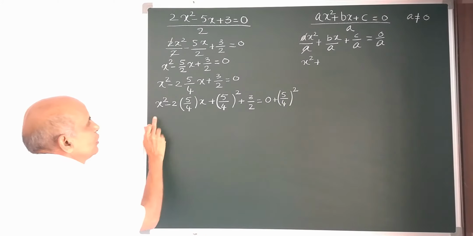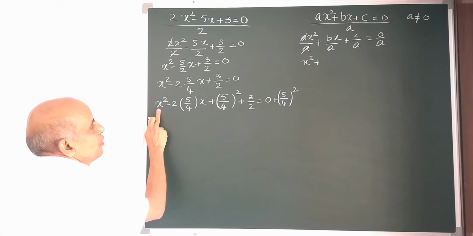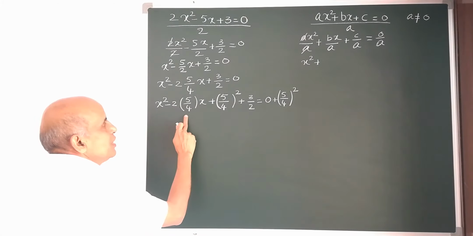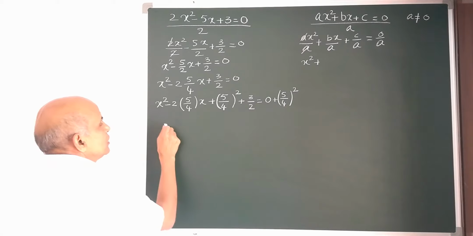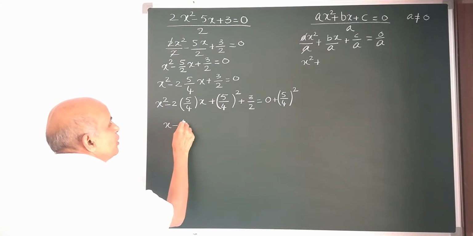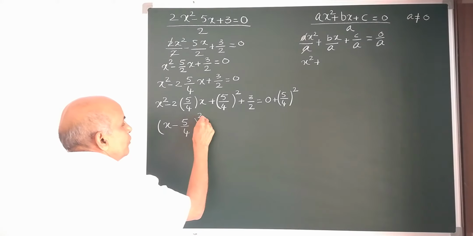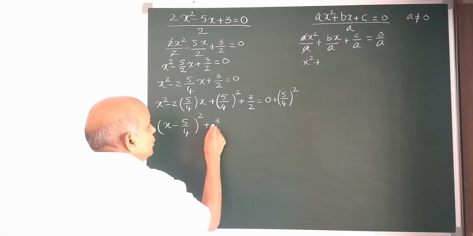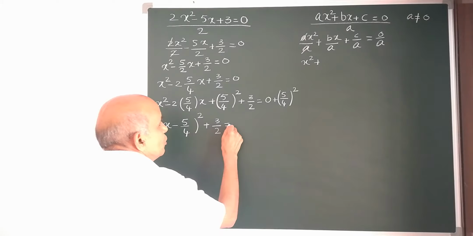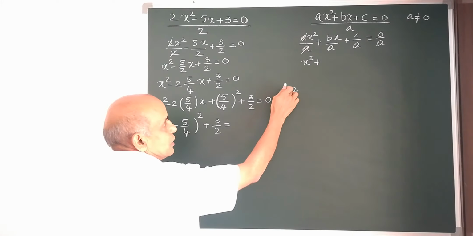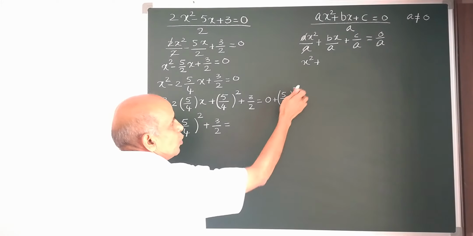So this becomes, now it is in the form of a square minus 2ab plus b square, written as a minus b whole square, plus 3 by 2 is equal to 0 plus anything is the same thing, 5 by 4 whole square.